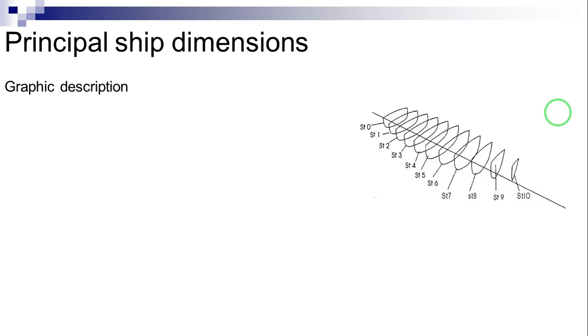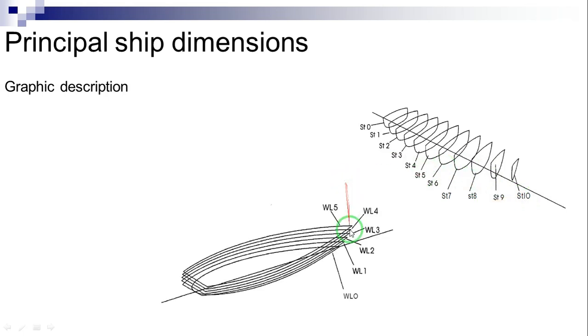Thus, cutting the hull surface by planes parallel to the YOZ plane, we obtain the transverse sections noted in this figure as ST0 to ST10, that is station 0, station 1 up to station 10, cutting the same hull by horizontal planes parallel to the base plane XOY.